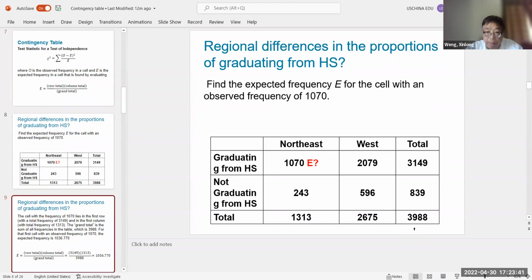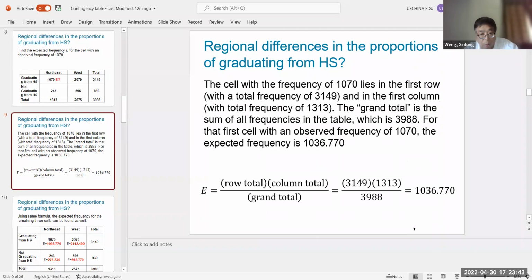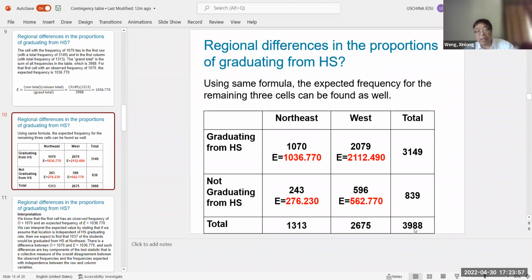With this formula it comes out to 1,036. Oh, well, should I say 37 people. Same thing, you can calculate the expected value for the other cells. All right, so the fundamental question here is, what do those expected values really mean?